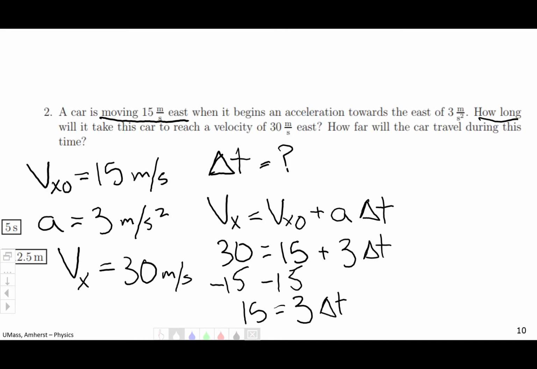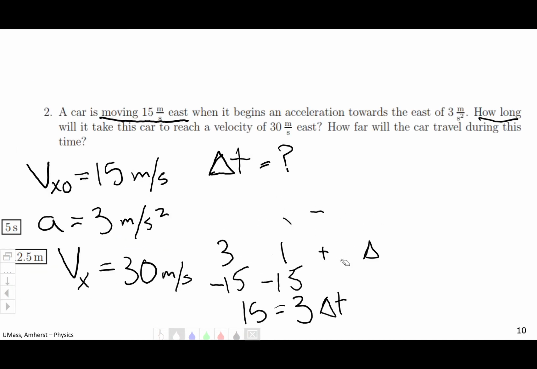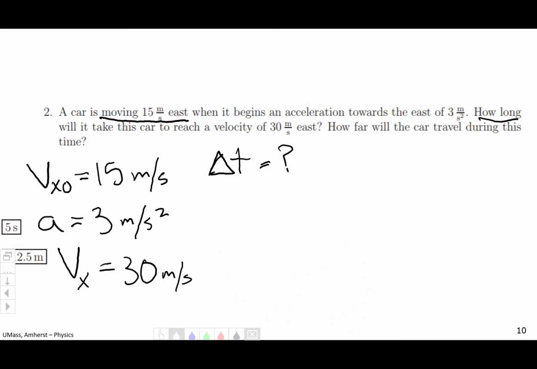Go back. And what we want to know is how far will it go, the second piece. Still the same information, but now delta x is our unknown. What we have is we now know that the time is 5 seconds. We have a couple of ways of doing this problem.